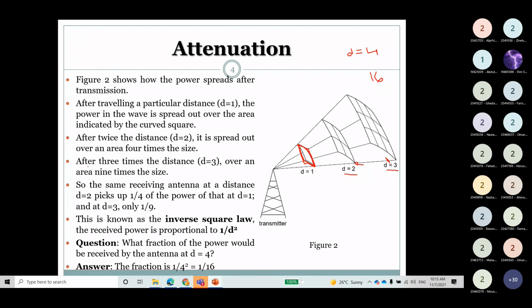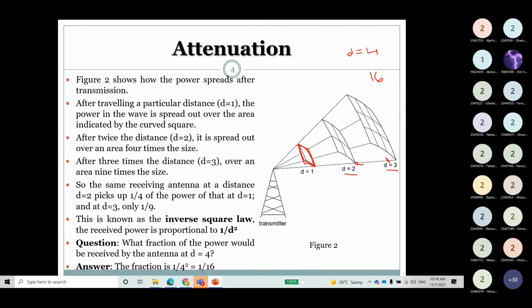After 3 times the distance, d equal to 3, over an area 9 times the size. So the same receiving antenna at a distance d equal to 2 picks up 1 divided by 4 of the power of that at d equal to 1.